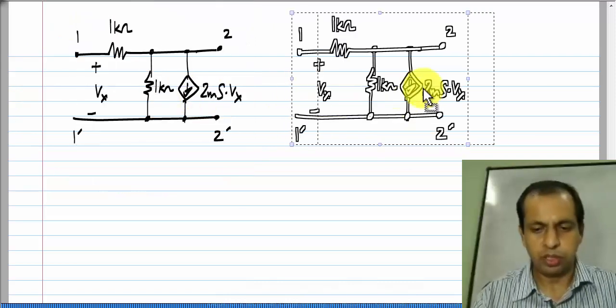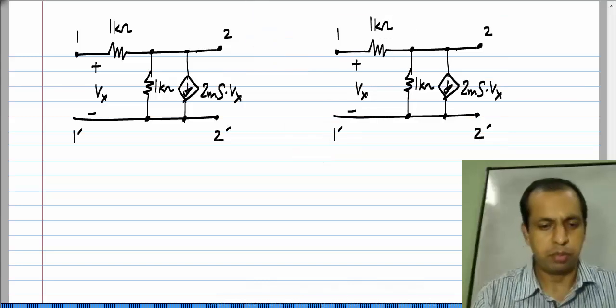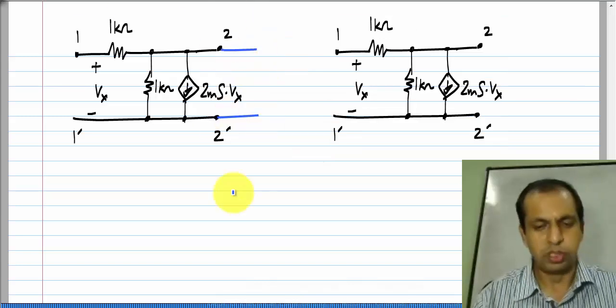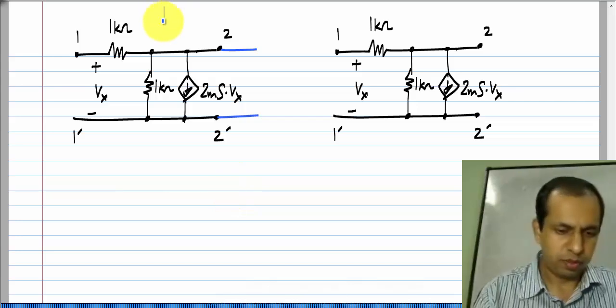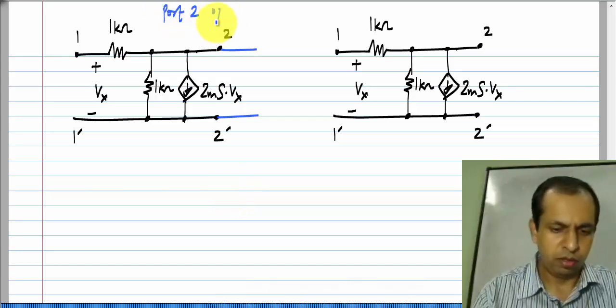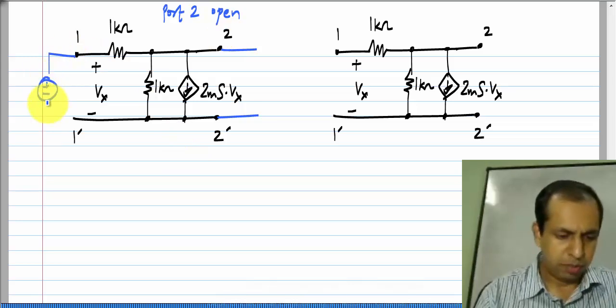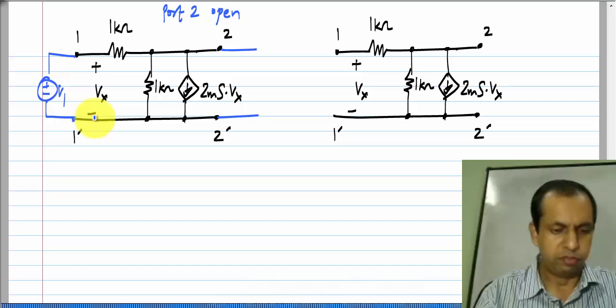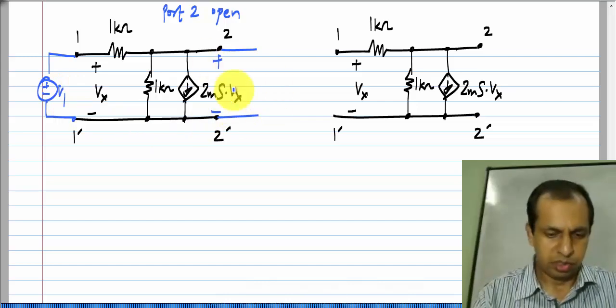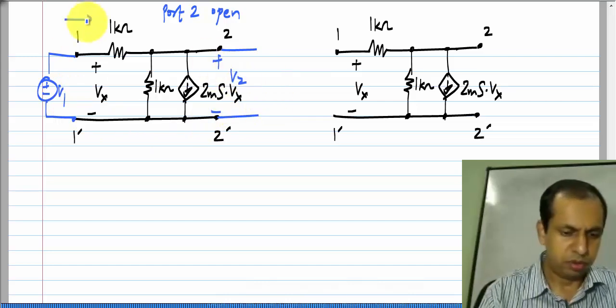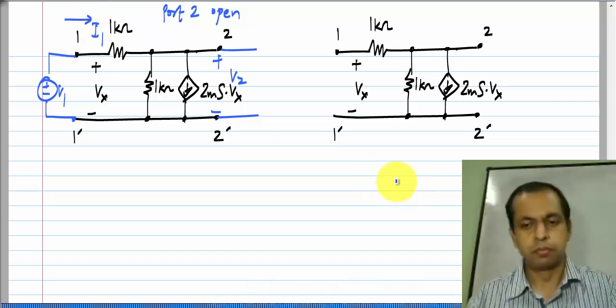So, as usual, I have two port conditions for the two port parameter measurements. In one case, I open circuit port 2 and apply V1. I measure V2 and I1.